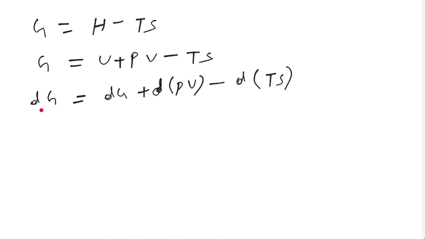So we'll take the derivative. So dG equal to dU plus d(PV) minus d(TS). If you apply the product rule, that is dU plus PdV plus VdP.